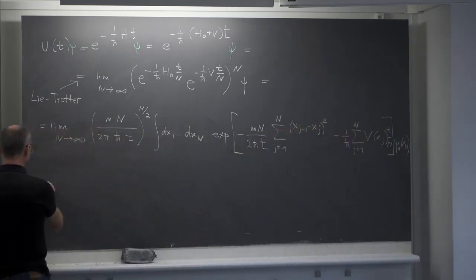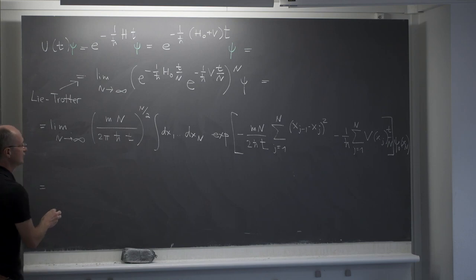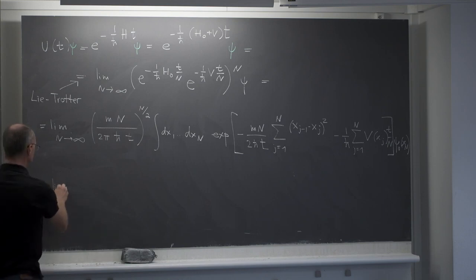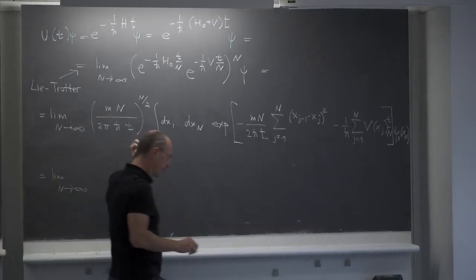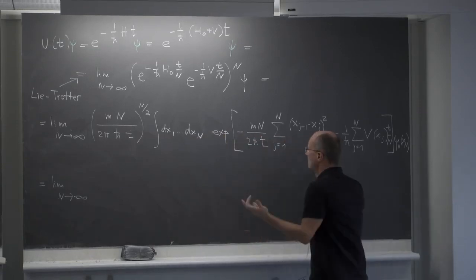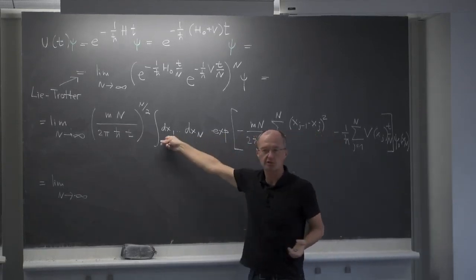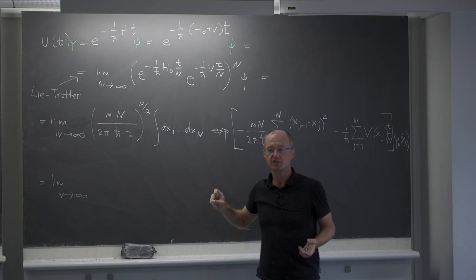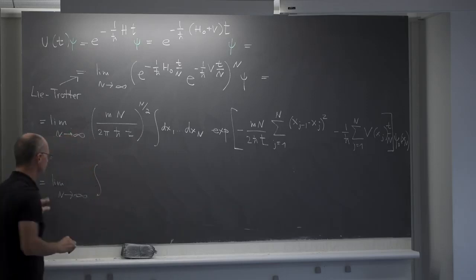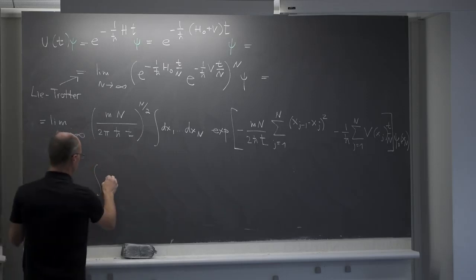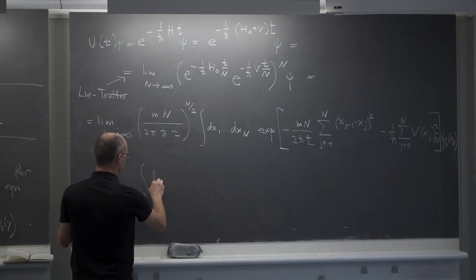Okay. Now I would like to rewrite it as a limit n to infinity. And now I would like to replace this integration measure with the integration measure that we introduced with the Wiener measure, right?